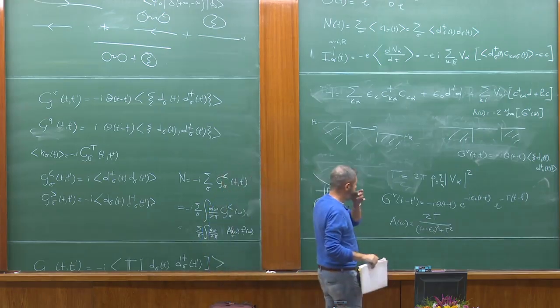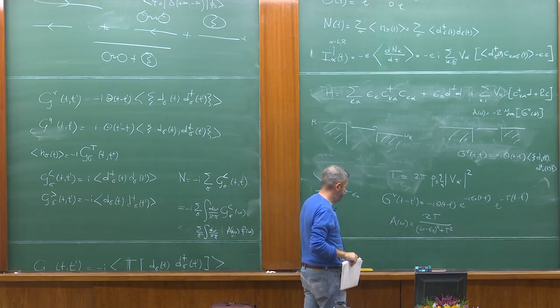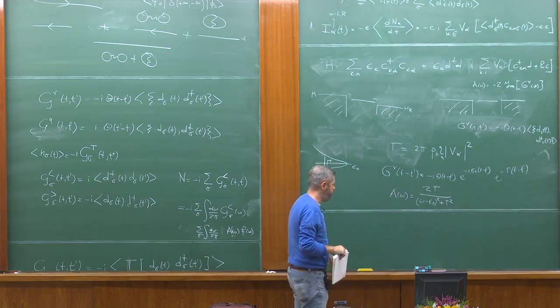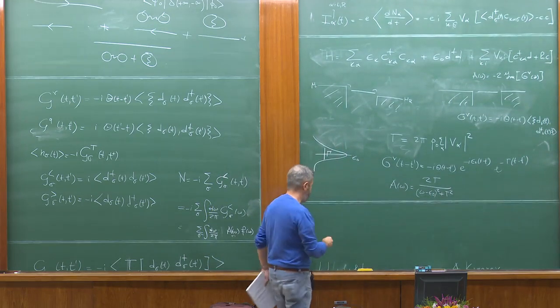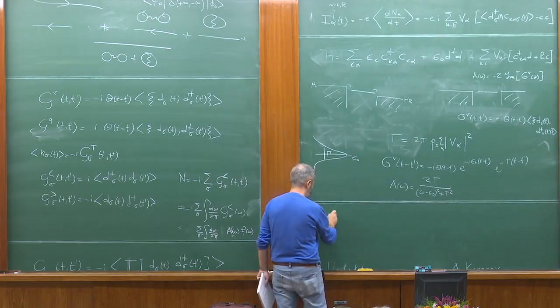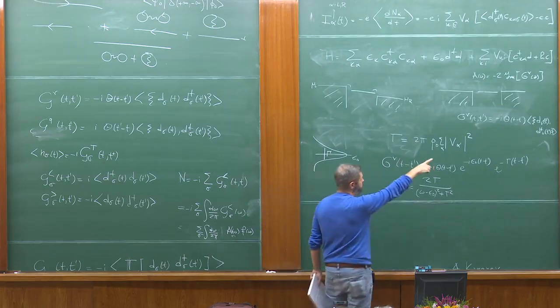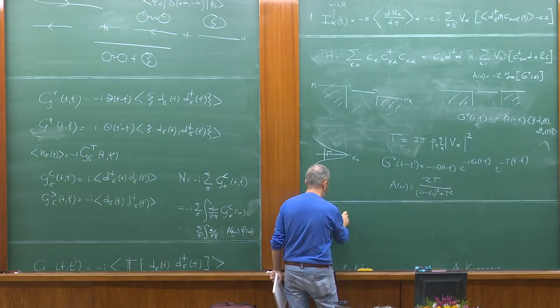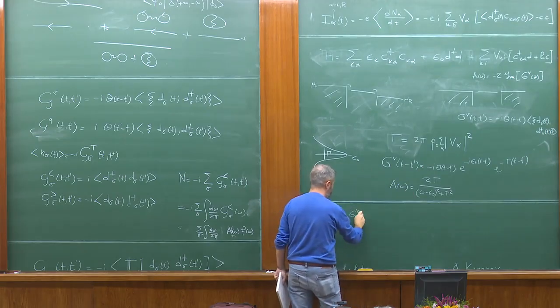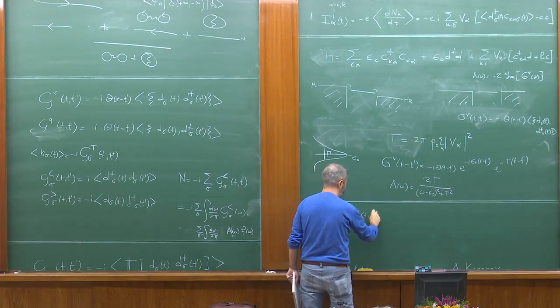And how can you get these results? Well, one thing you can do, and I invite you to do it, is write the equations of motion for this Green function. So write i d/dt of G retarded (t, t prime).